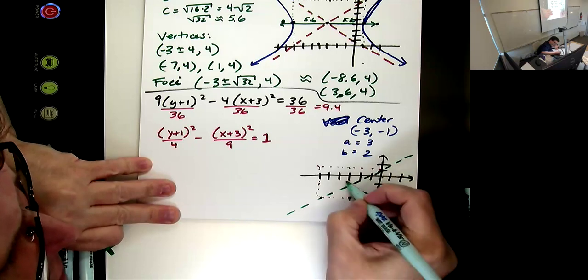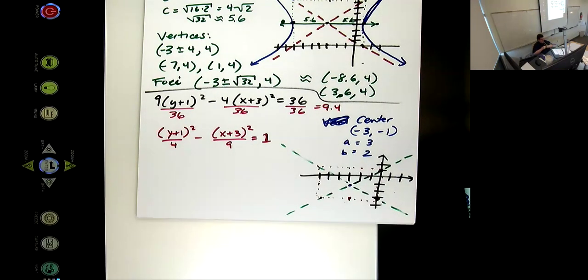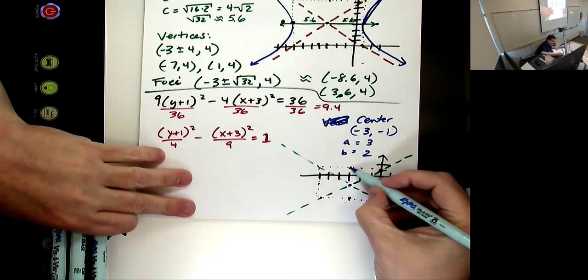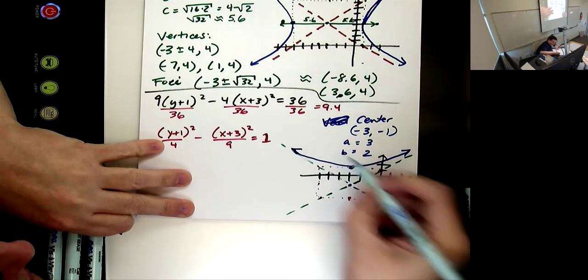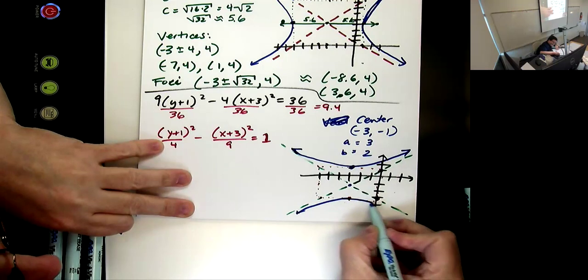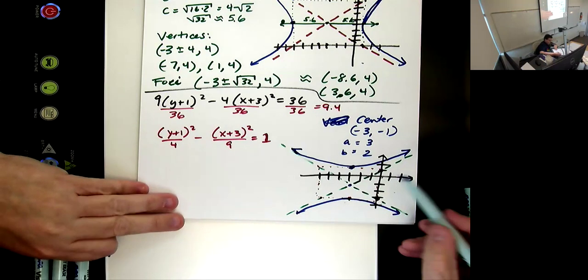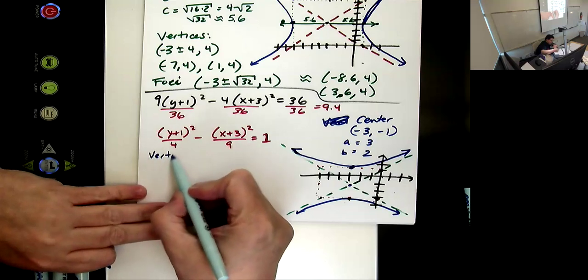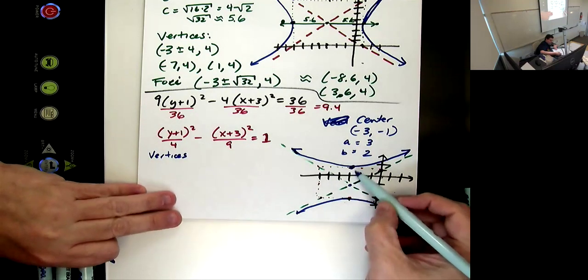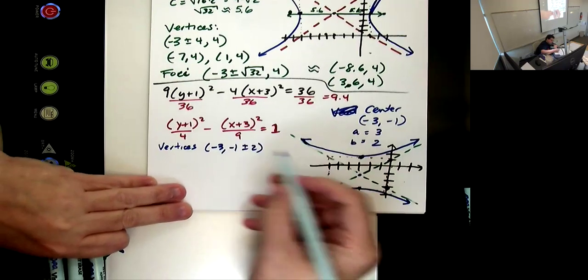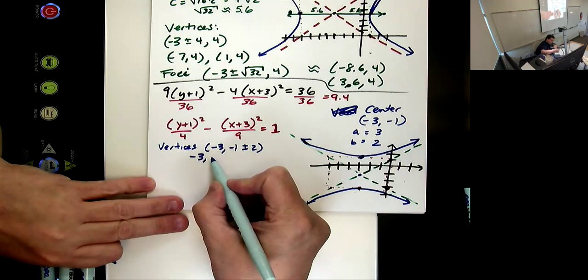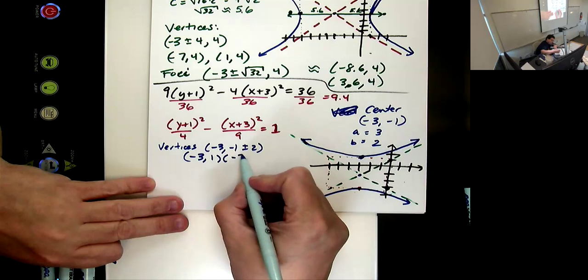Up and down, left or right? Up and down, okay. Everyone agree? So my vertices are up and down B from the center. So we have -3, 1, and -3, -5.